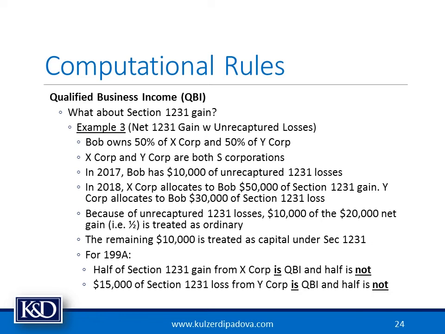If you go back to the earlier slide, your taxable income was reduced by net capital gains. So if you have 1231 gain, it's going to reduce your taxable income limitation also. Now, at least if it's an ordinary loss, that is going to be used to adjust QBI downward. So for QBI purposes, 1231 is really the worst of all possible worlds.